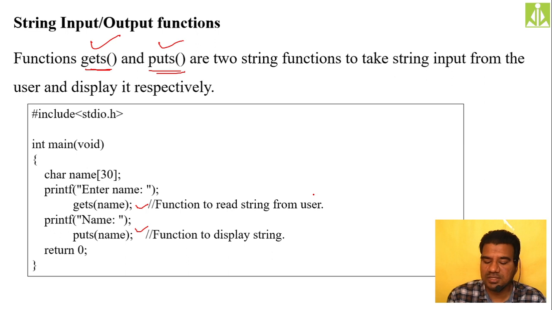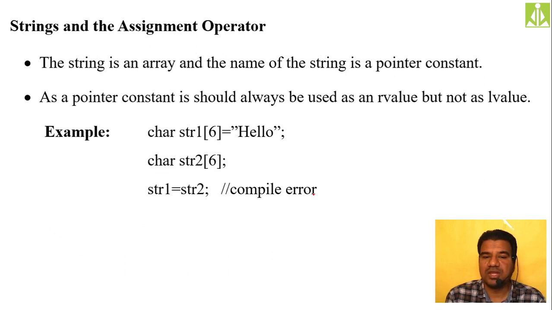About strings input output. So then string assignment operator. See, if you have two strings like your normal variables, you cannot use the assignment operator between the strings, because as we said, the string name indicates the address of the first memory location, and if you take the string name on the left hand side over here, what will it represent? It will represent the address.